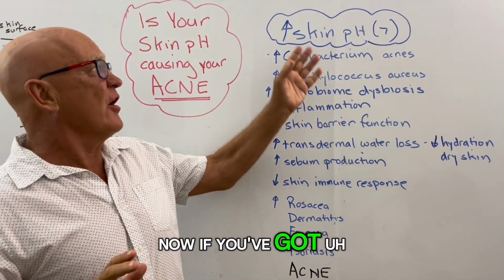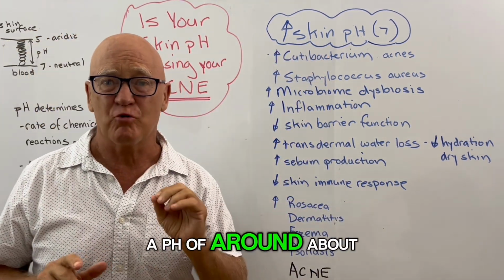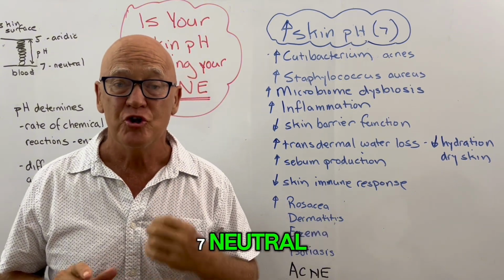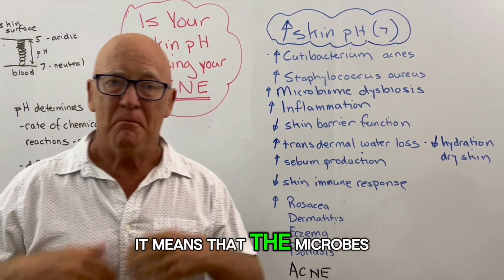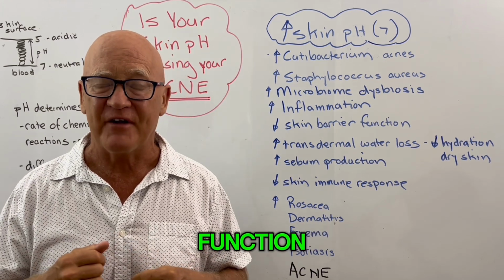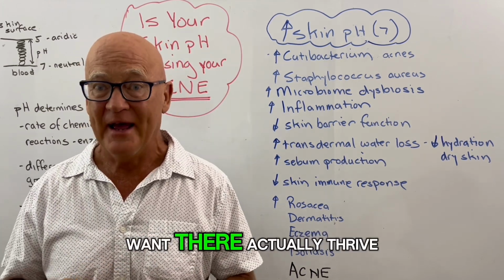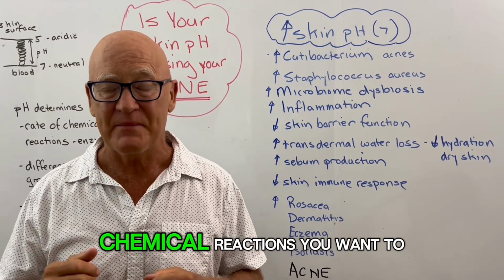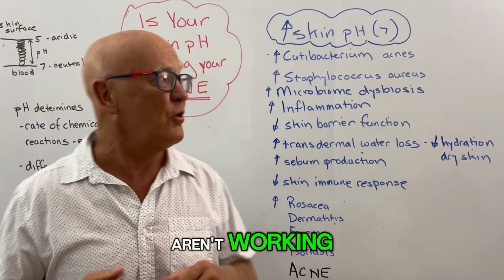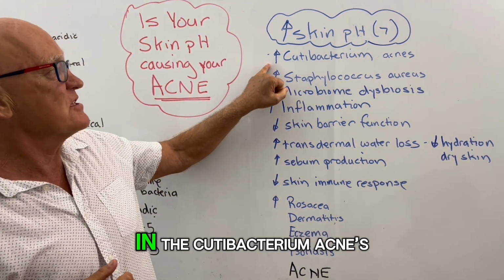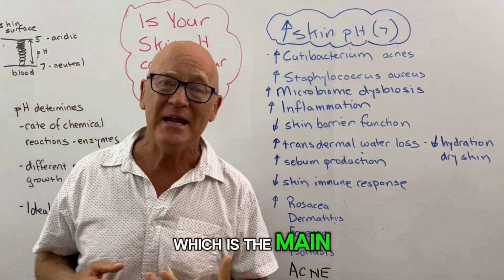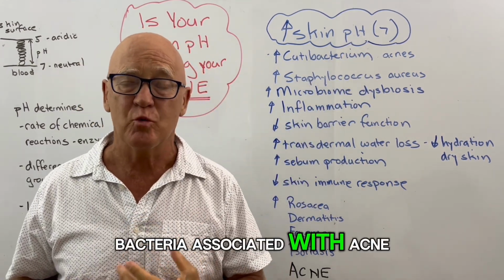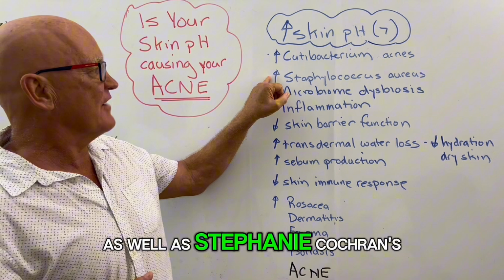Now, if you've got a pH of around about 7, neutral, that's not great for the skin. It means that the microbes that you want there can't function, and the ones you don't want there actually thrive. And the chemical reactions you want to work aren't working. And so you get an increase in the Cutibacterium acnes, which is the main bacteria associated with acne, as well as Staphylococcus aureus.